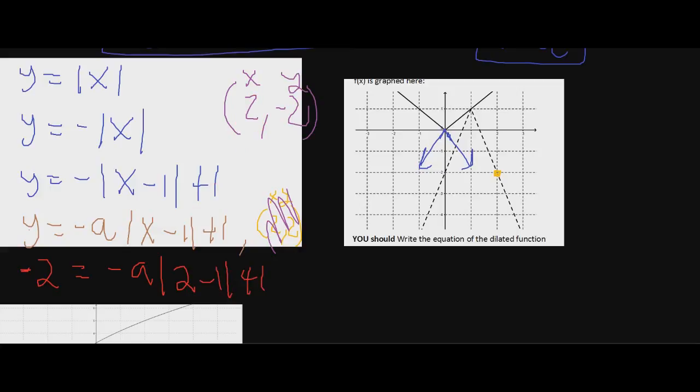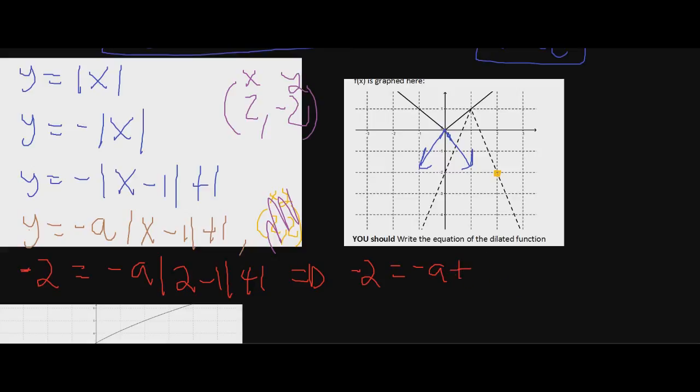Let's simplify this. We're going to get negative 2 is equal to negative a times, what's 2 minus 1? Well, that's just 1. So we get the absolute value of 1 plus 1. What is the absolute value of 1? That's just 1. So it's negative a times 1 plus 1. Well, what's negative a times 1? It's just negative a.